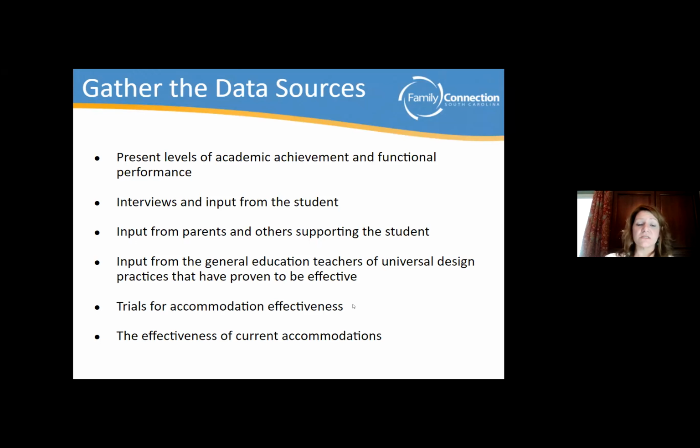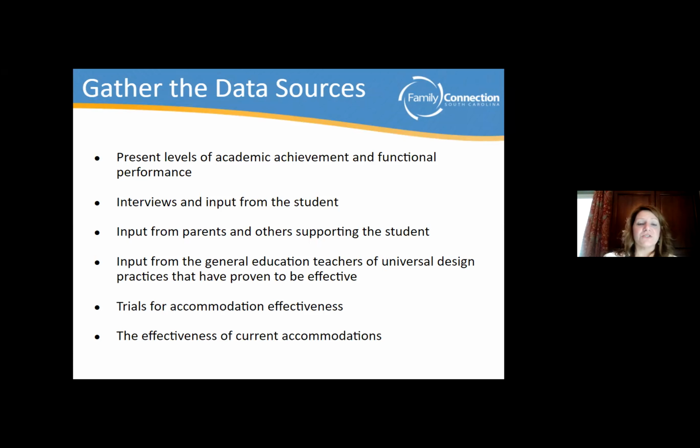So there are some instances where you want to actually try an accommodation and see how it works, if it fits well with the student before you put it in the IEP. And then, of course, on the data side, looking at how effective a current accommodation is. So all those things are really important as you look at accommodations.